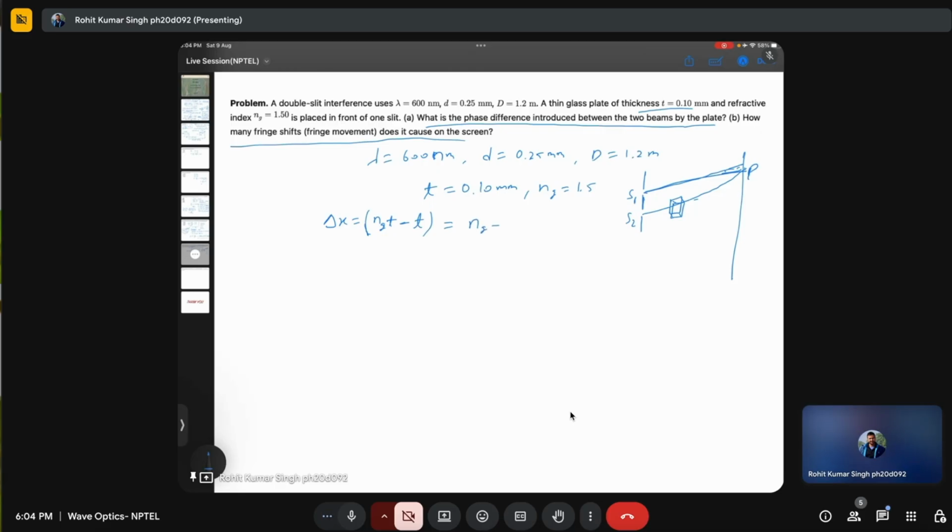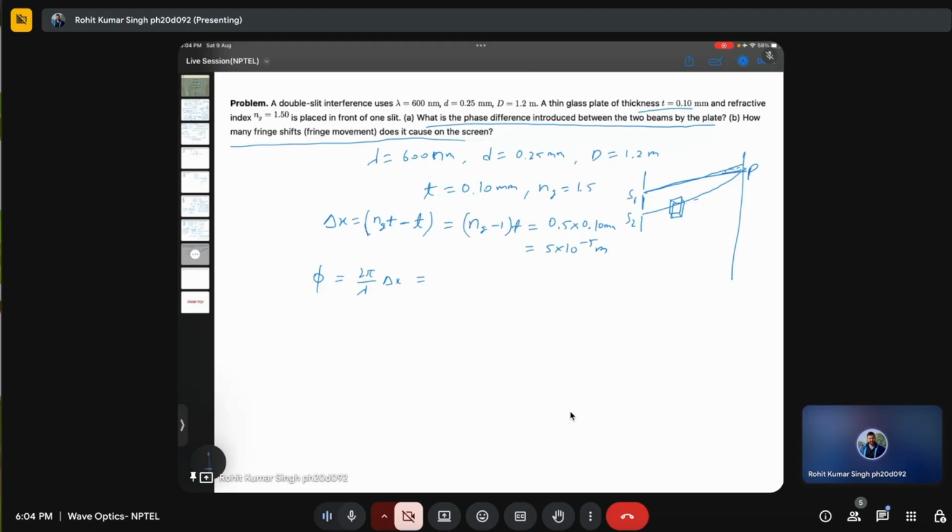So this is just 0.5 into t, which is given as 0.10 millimeter. This is 0.5 into 10 to the power minus 4 meter, so 5 into 10 to the power minus 5 meter. From here we can calculate the phase difference, which is 2 pi by lambda times delta x.